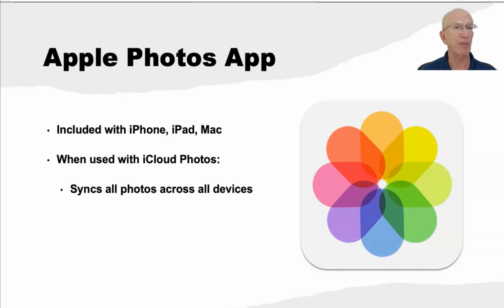You just have to set up iCloud Photos on all of your devices, and every photo will be identical, and all your albums will be identical, and your edits will be identical as well. So when you edit a photo on a phone or on a Mac, and you look at the photo on an iPhone or an iPad, it looks exactly the same across all of your devices. So it's kind of a convenient resource the way Apple has done things.